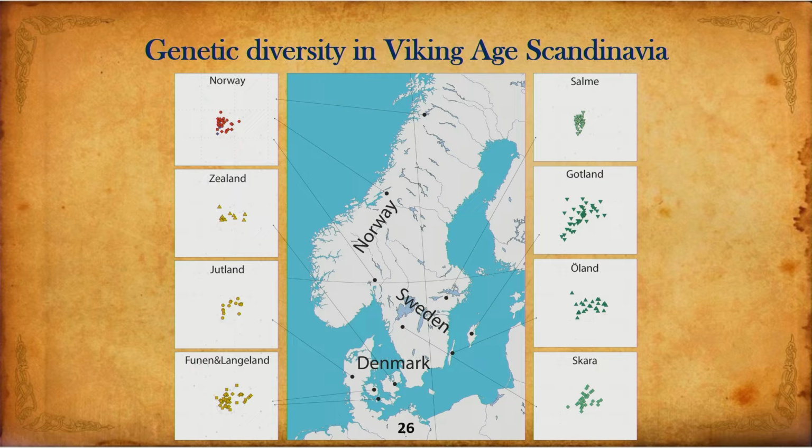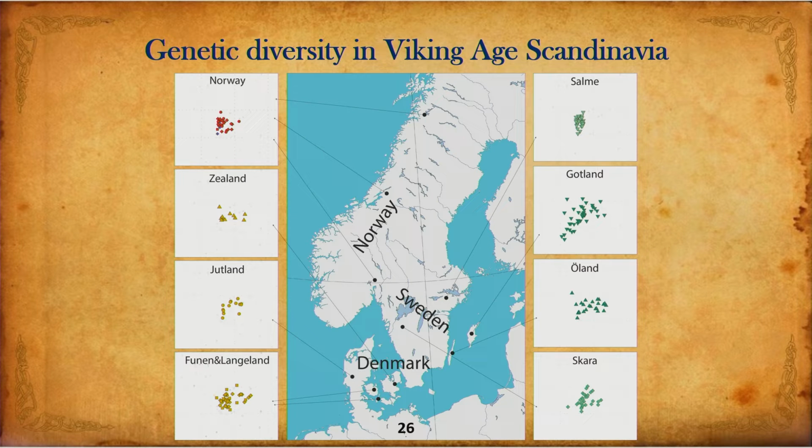But all the other southern Scandinavian sites are also relatively diverse. And of course, here stands out Salme, which is relatively very homogeneous. They're not genetically very diverse, meaning that, again, they probably came from a relatively close geographical region, well, as we know from the Lake Mälaren.